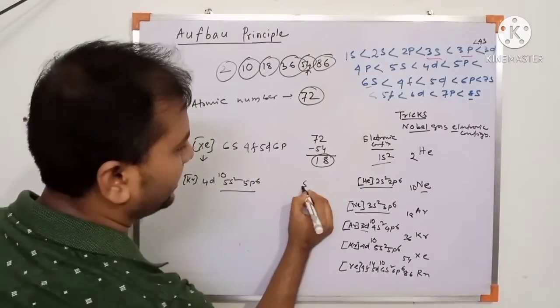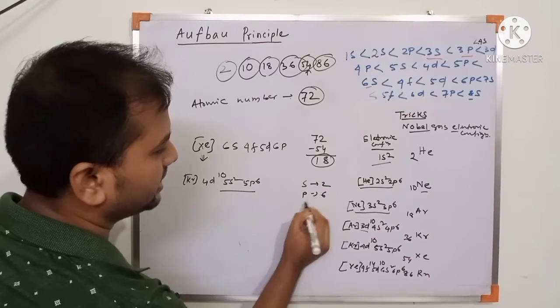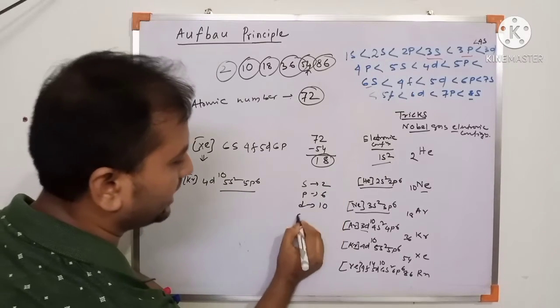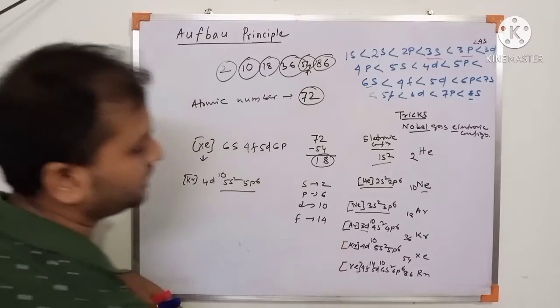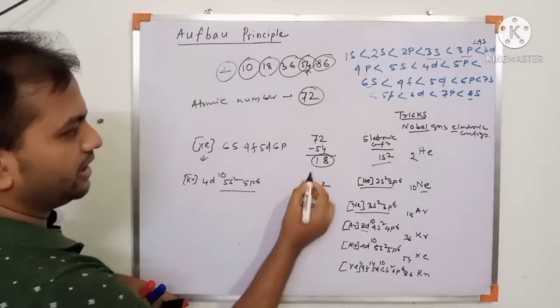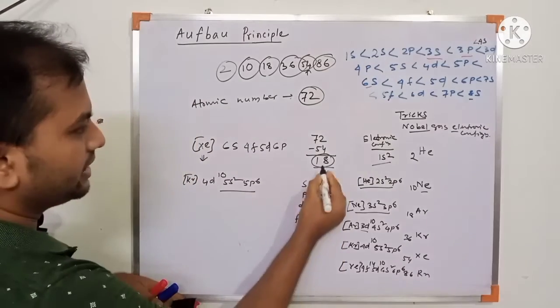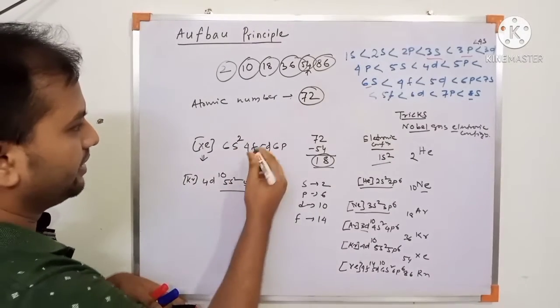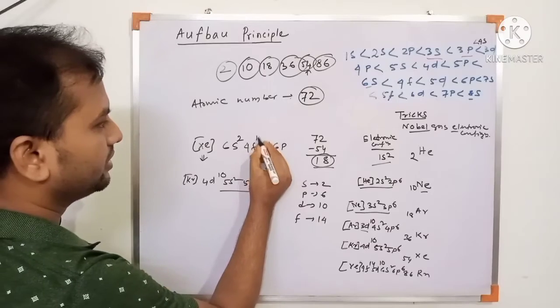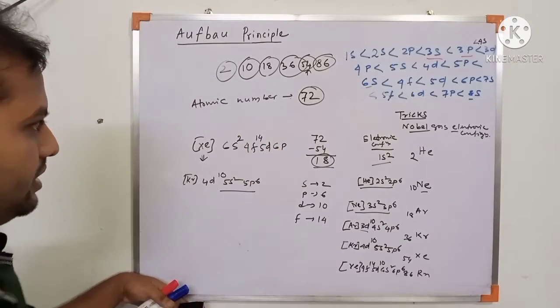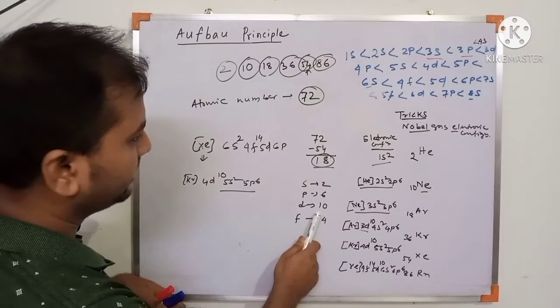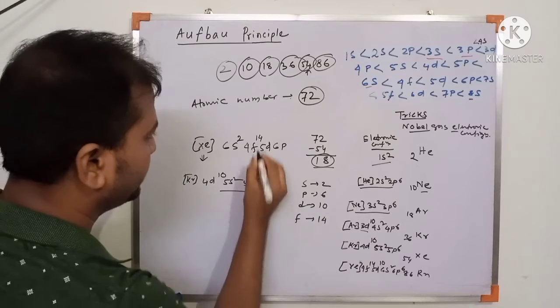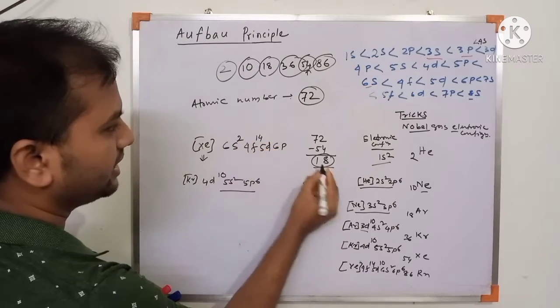Now s holds 2 electrons, p holds 6, d holds 10, and f holds 14. Of these 18 electrons, first s takes 2, then f takes 14. That is 16, and remaining 2 go to d, with no p electrons.